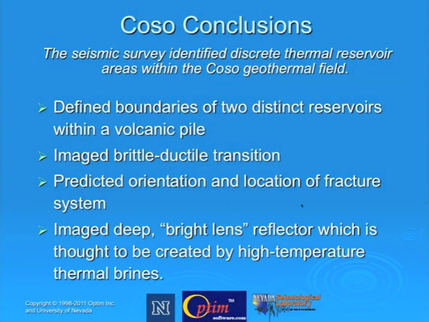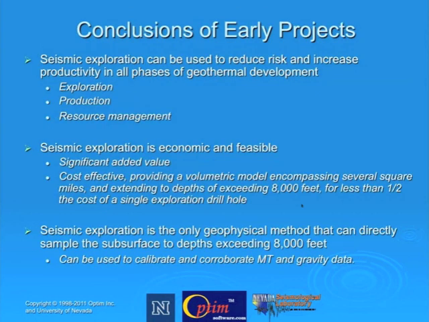The brittle ductile transition is a little bit higher up in this high temperature area, and it's probably high temperature brines that are providing that bright lens reflector. And we couldn't image that at all without getting that accurate velocity information up above.